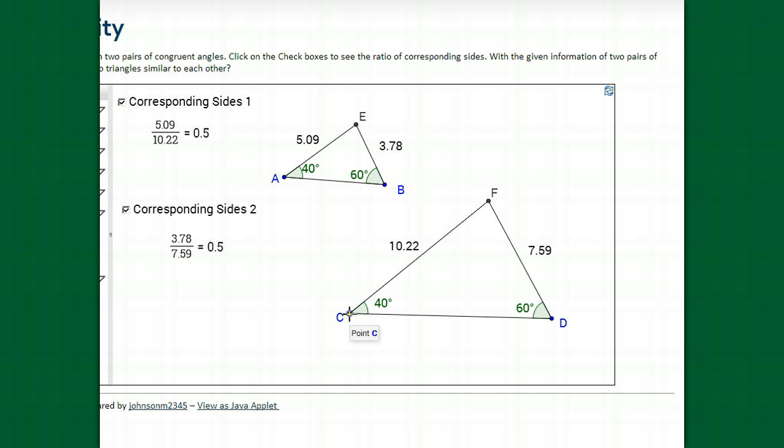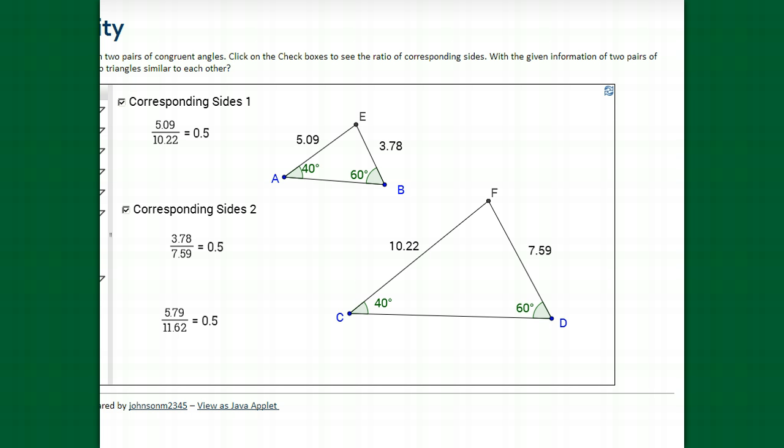Now, a couple months ago, we talked about this idea of a third angles theorem. If we have a 40-degree angle and a 60-degree angle, like we have at angles A and B, that's 100 degrees. That leaves angle E to be 80 degrees. Well, same thing at F. Because we got 40 and 60 at angles C and D, angle F has to be 80 degrees. So when we talk about similarity, all of the corresponding angles are congruent. We have that.